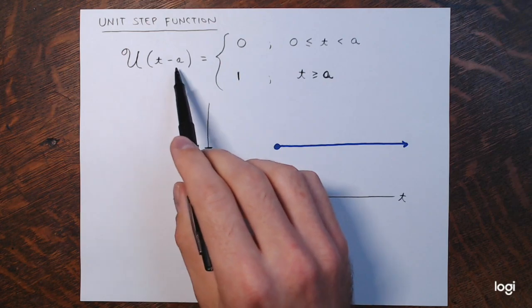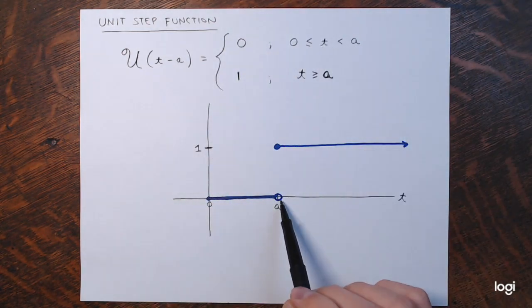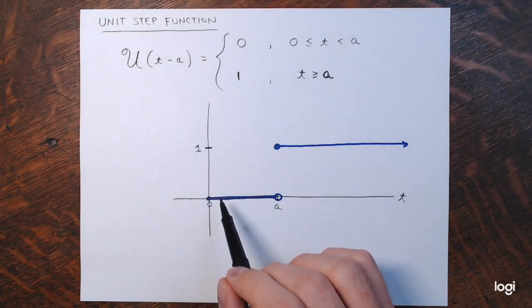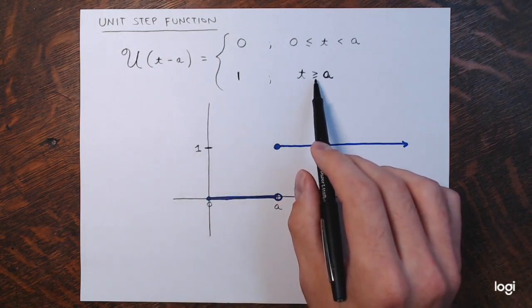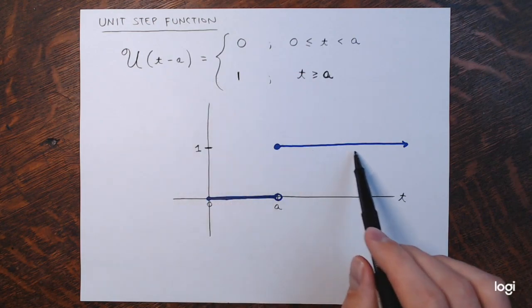So it's the function that's equal to 0 when we're less than some value a, and it takes one step up, a unit step up, at a or greater. So the value is 1 when t is a or greater.